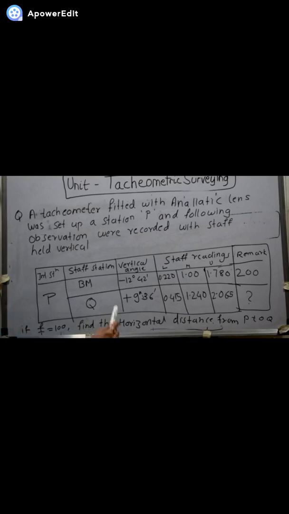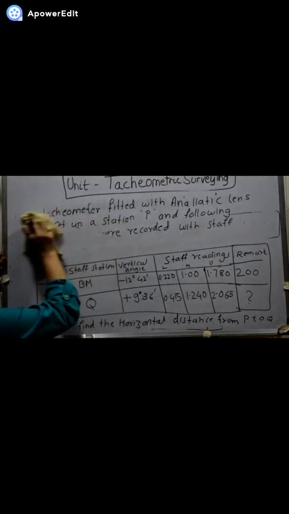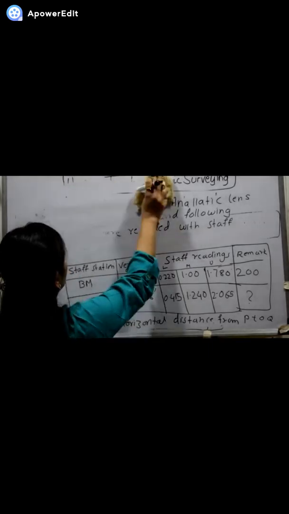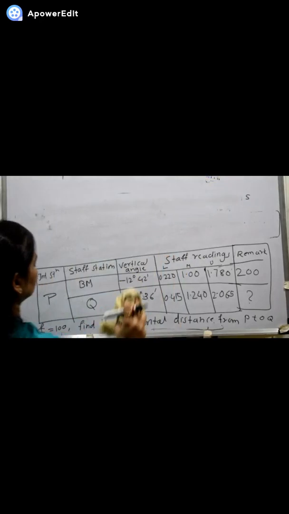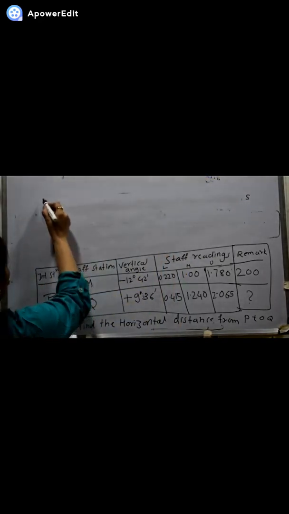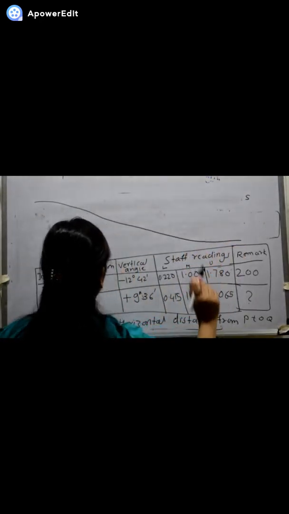Now in this case, since it is a minus angle and the plus angle comes into the picture, this is case 2 of the stadia method. Starting with, we will first draw the sketch based on the information given. We will take a ground where there is the angle of elevation as well as depression.